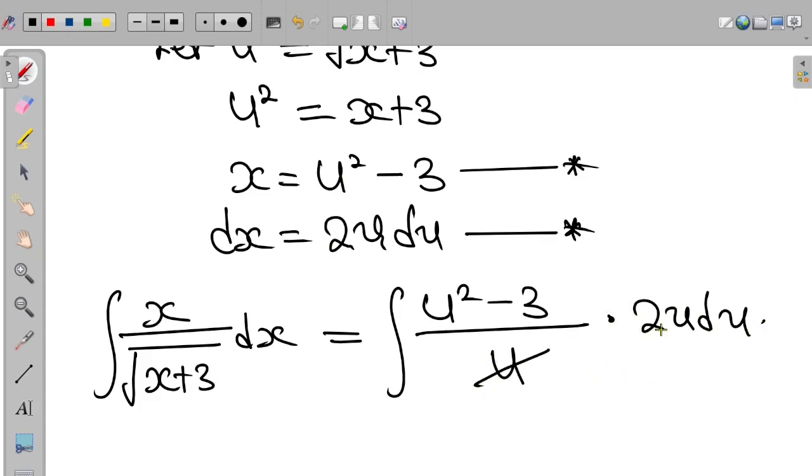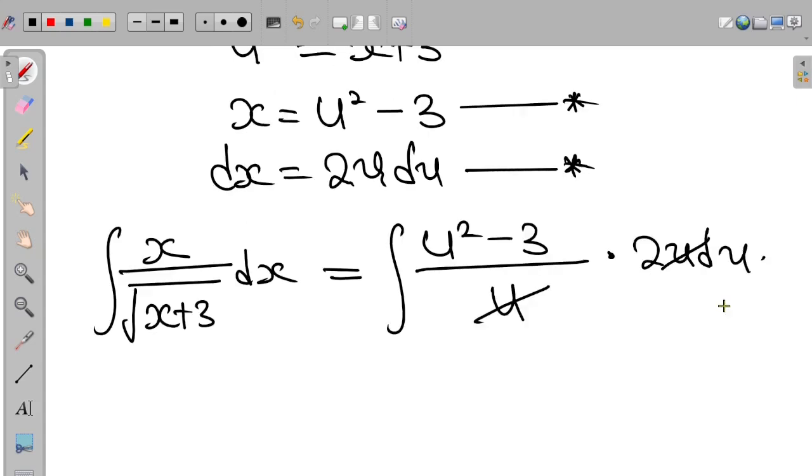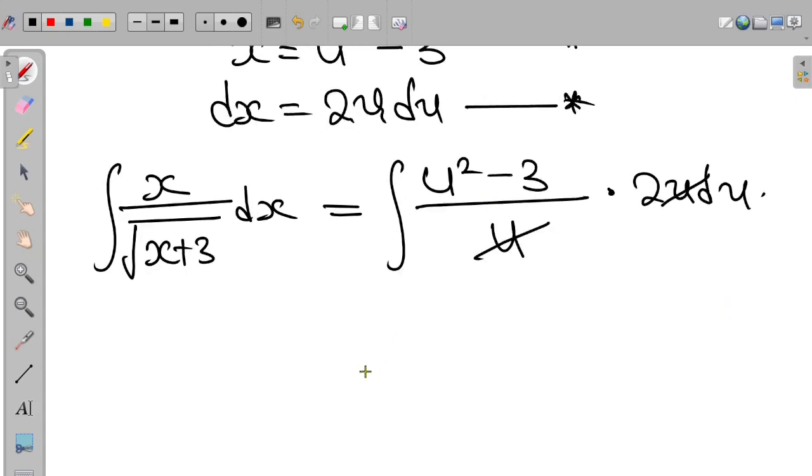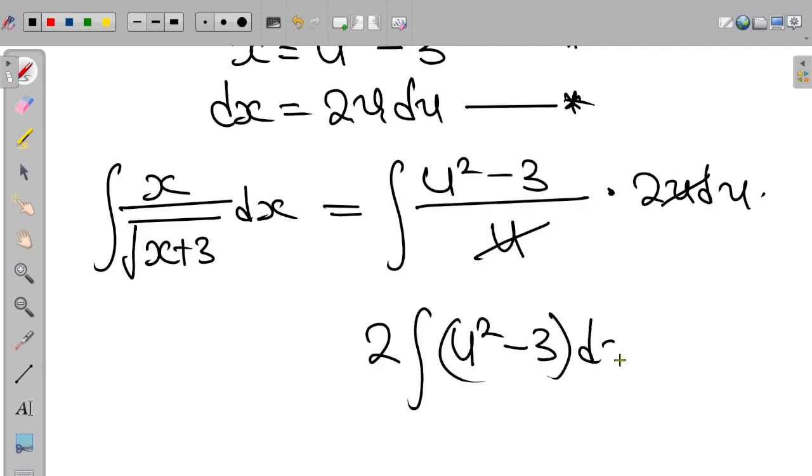So you can cancel out u, and since 2 here is a constant, this becomes 2 integral of u squared minus 3 multiplied by du.